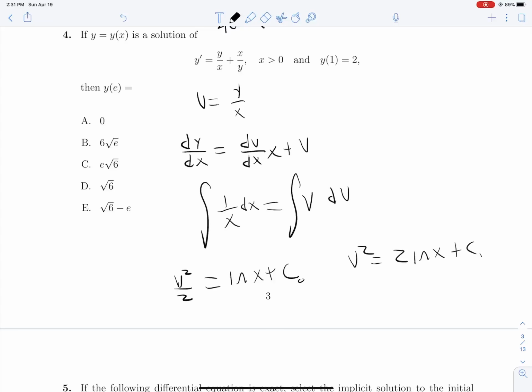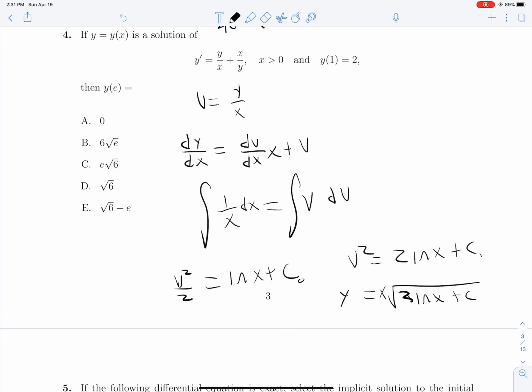Taking the square root and noting that when we plug in 1 as an x value, we get a positive result, that means that v must be equal to the positive side of the plus or minus square root of 2 ln x plus c. Replacing our v with y over x to undo the substitution, we see that y is equal to x times the square root of 2 ln x plus c.